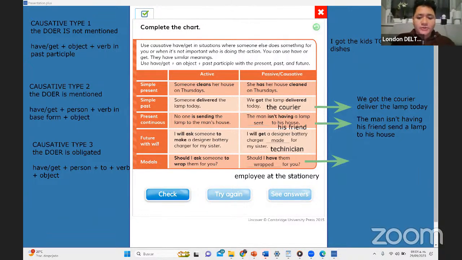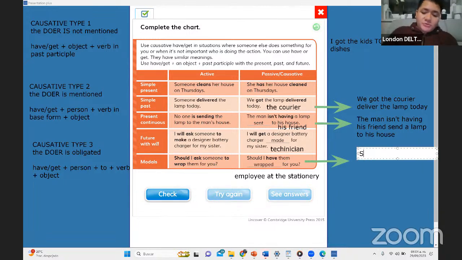Okay, guys, very well. So let's see. The sentence would be, very well. We don't change the sentence in this part. We just write like this: should I have. Now we have to mention the person, the employee at the stationery.